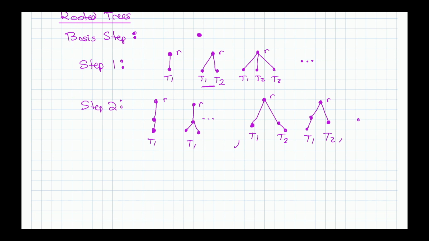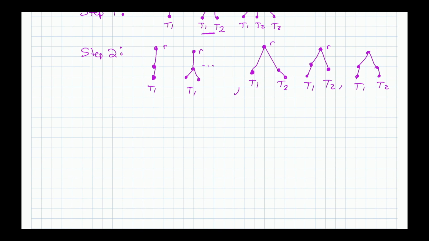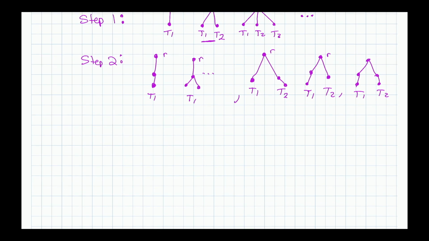What else could we do? We could have one of these. That could be your T1, that could be your T2, and then you have one of those. Of course, you can keep going, right? Because nobody ever said you could only have two things connected at a time.